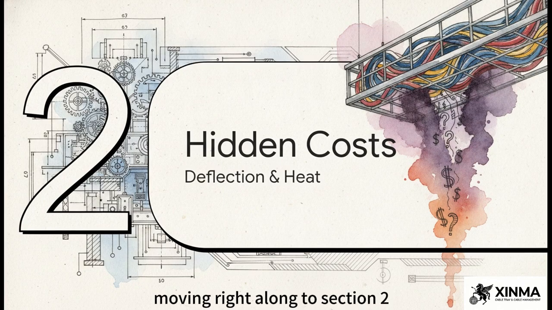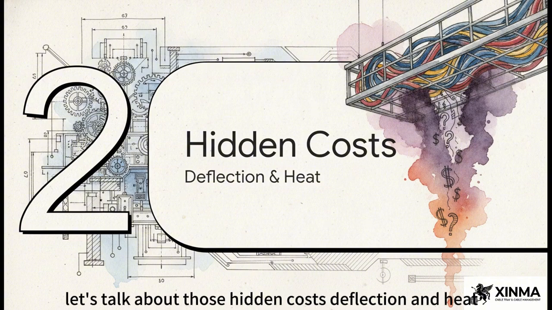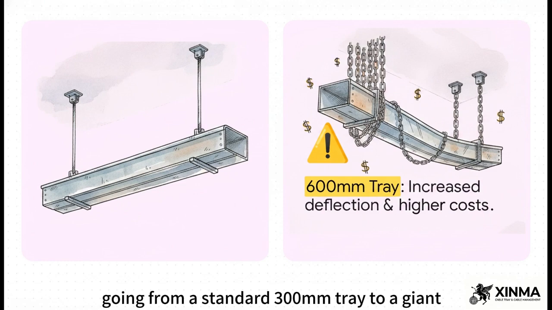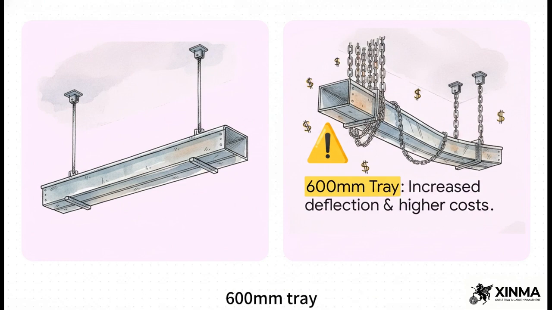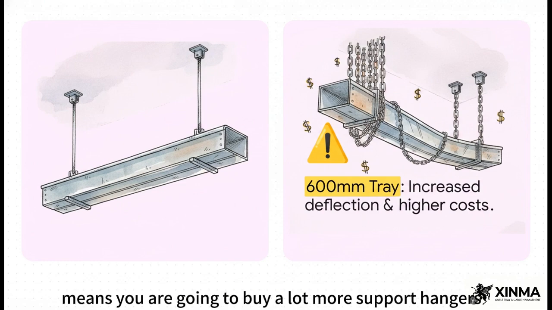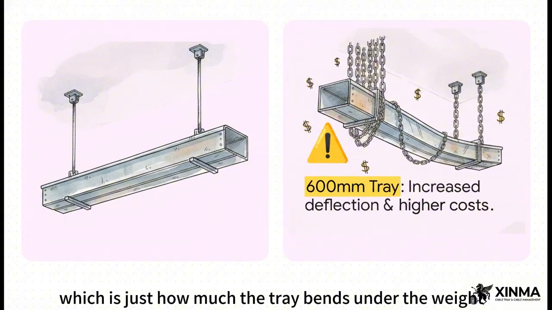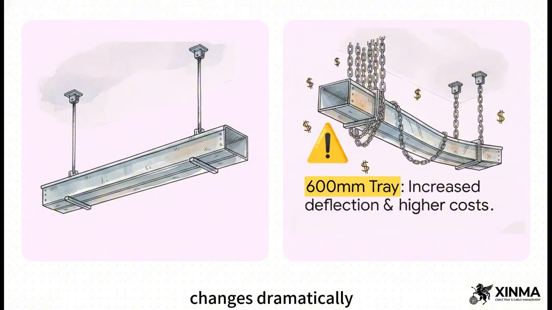Moving right along to Section 2, let's talk about those hidden costs: deflection and heat. Okay, here is the bottom line when comparing sizes. Going from a standard 300mm tray to a giant 600mm tray means you are going to buy a lot more support hangers, and you'll be paying for closer spacing. When you double that width, the deflection, which is just how much the tray bends under the weight, changes dramatically.